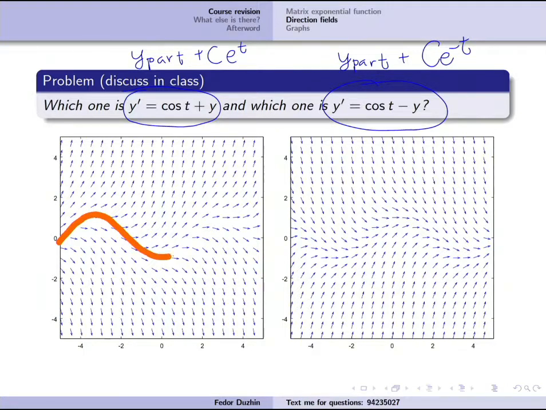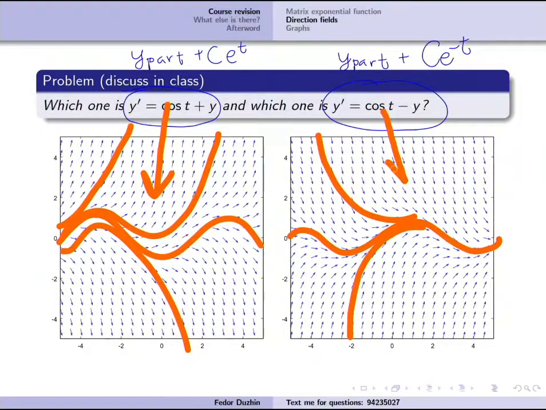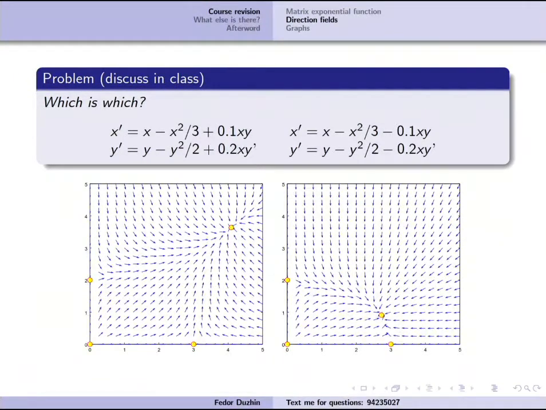So we see some kind of a pattern here, but all other solutions kind of go away from it, while here we have some oscillation pattern in the middle, but the rest of the solutions converge towards it. So which means that it is this, it is this. Wow, how about this one? And again, can you pause the lecture and try to figure it out?